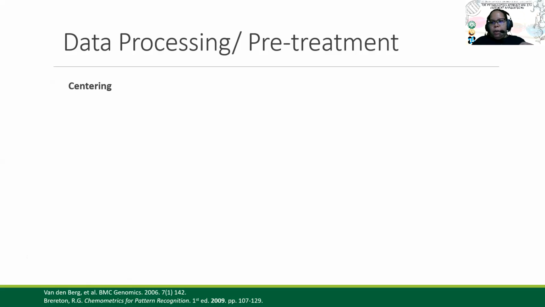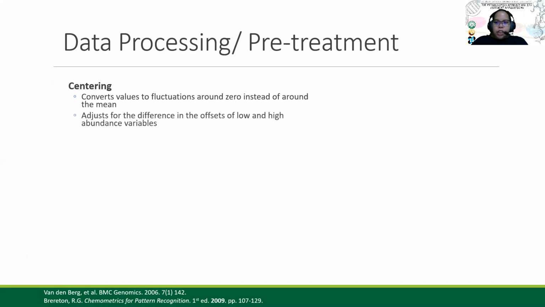So first, we perform what is known as centering. So it converts the values of your samples, the values for each variable, for each sample, to fluctuations around zero rather than around the mean. It adjusts for differences in the offsets of low and high abundance variables.